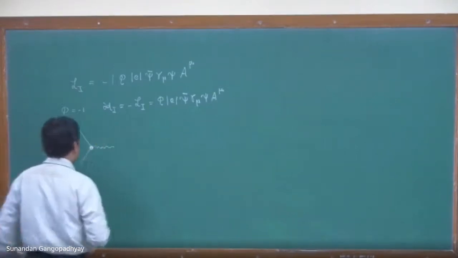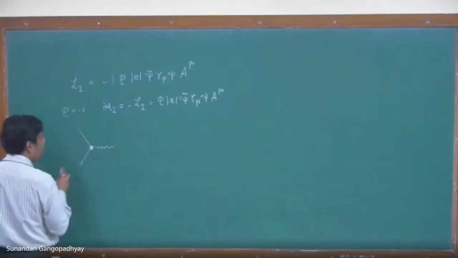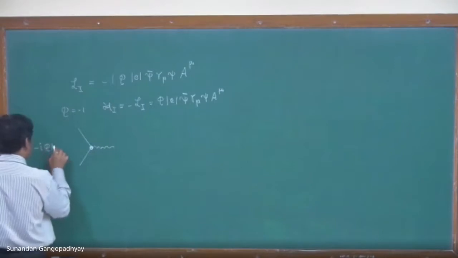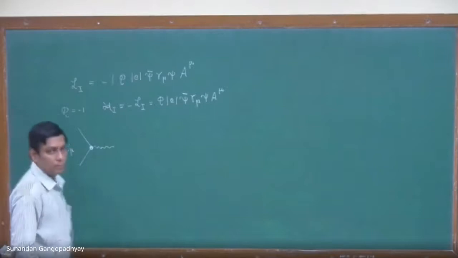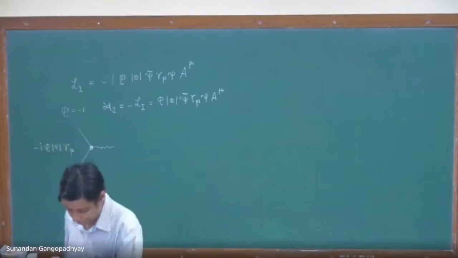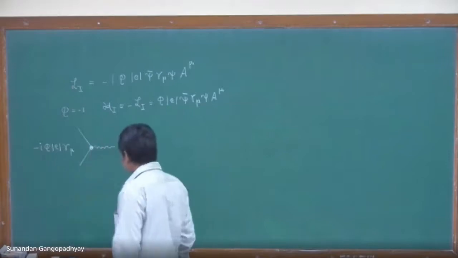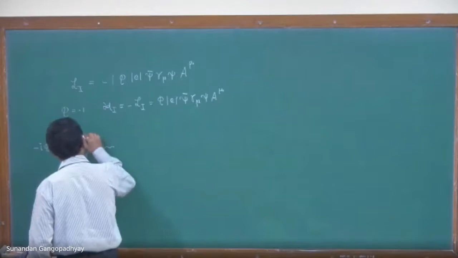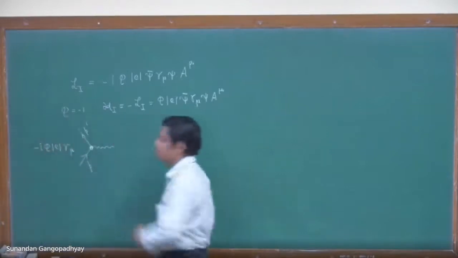You can immediately write down the final rule for the vertex, which is minus i times this factor. This is the vertex, the final rule for the vertex.